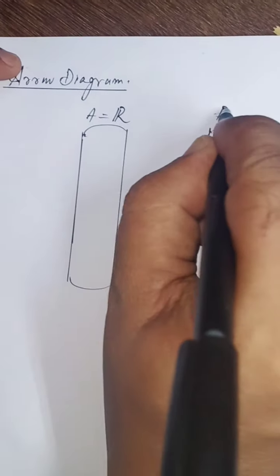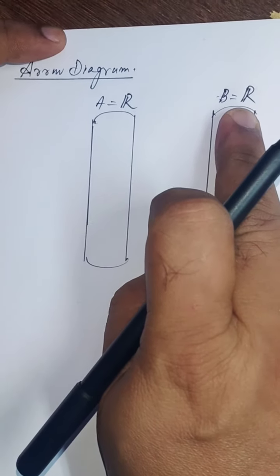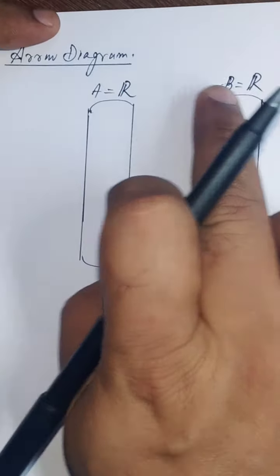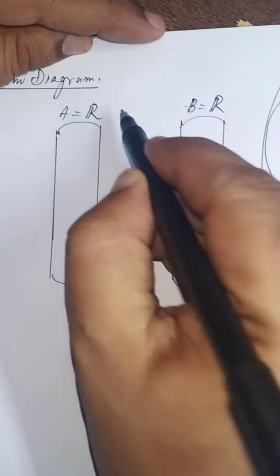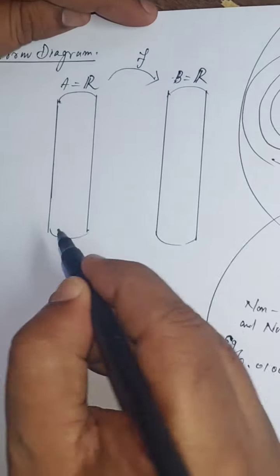Now I write here A equals R and B is also R. A and B represent the domain and codomain, both the set of real numbers. Uncountable numbers are there.